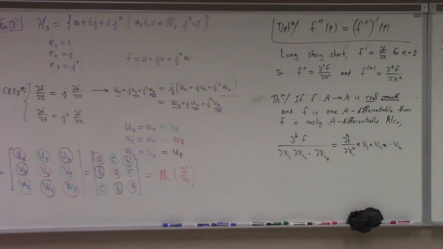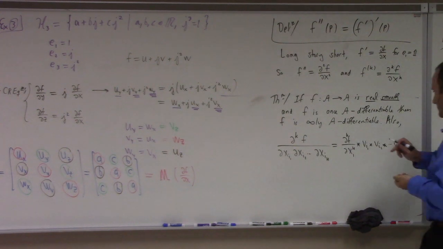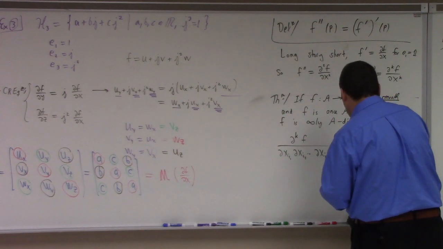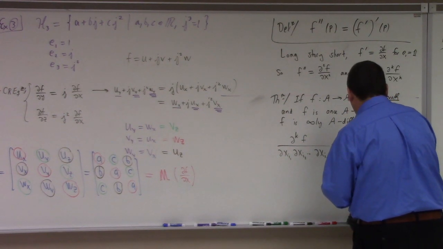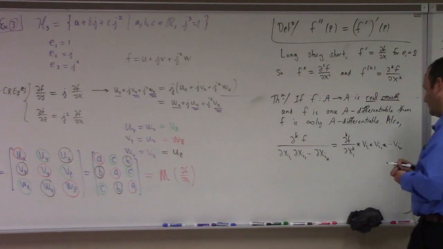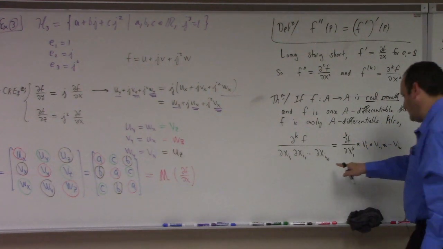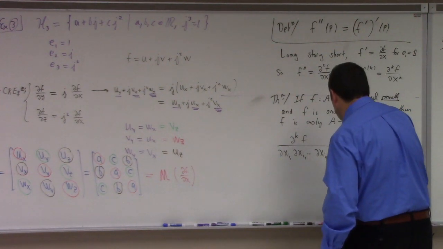Where it says the partial of x to 1, is that an h or is that a k? It's all k's. K, K, K, K.